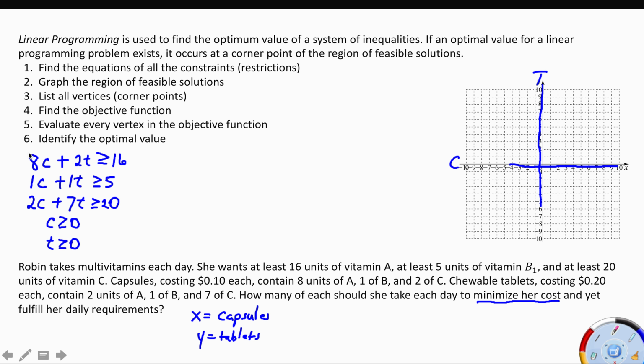If C is 0, then that means T must be 8. Okay, and I'll just keep up with them like this. I'm going to do this one in red. If T is 0, then C must be 2.